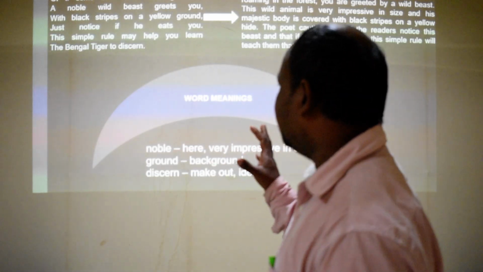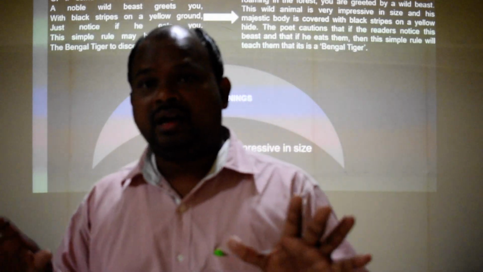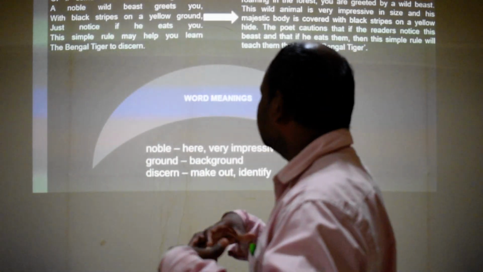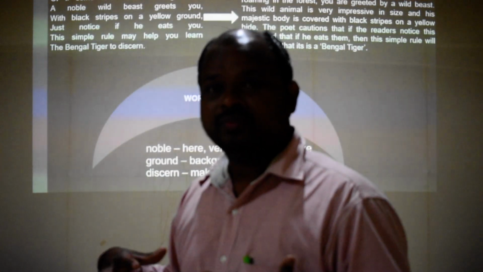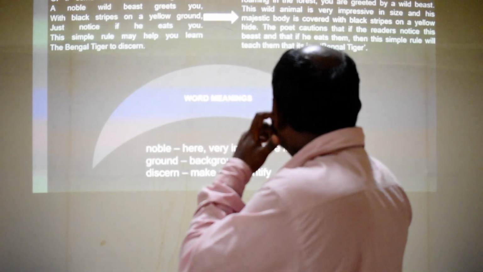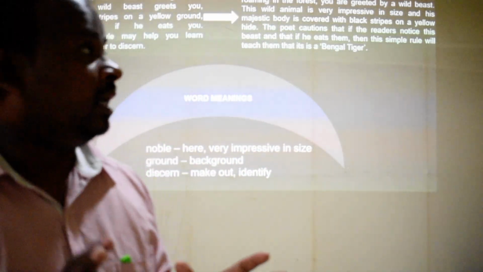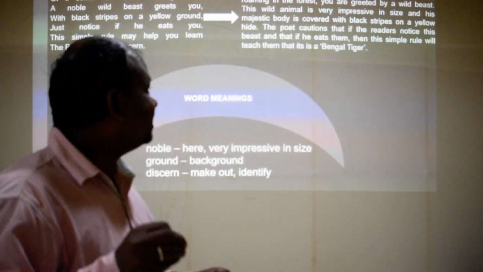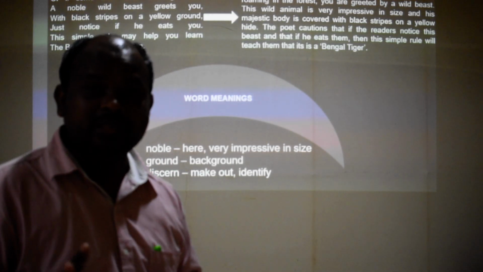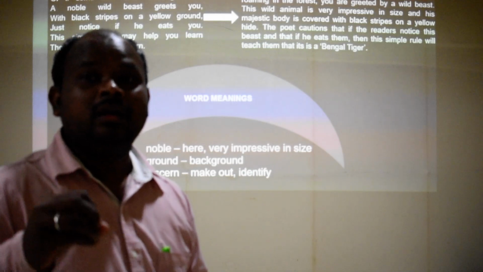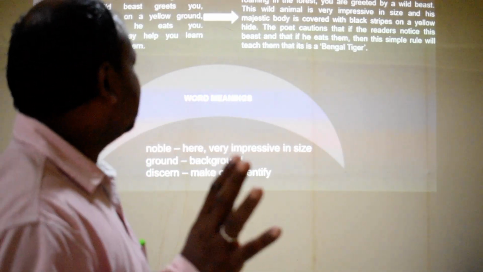So in the next slide, we see the Bengal tiger, how it is being explained. They have the stripes with the yellow, and you can identify them with the stripes on the body. And that is, the poet says, it is very likely that while roaming in the jungle, in the forest, you are greeted by a wild beast, and that is the Bengal tiger.